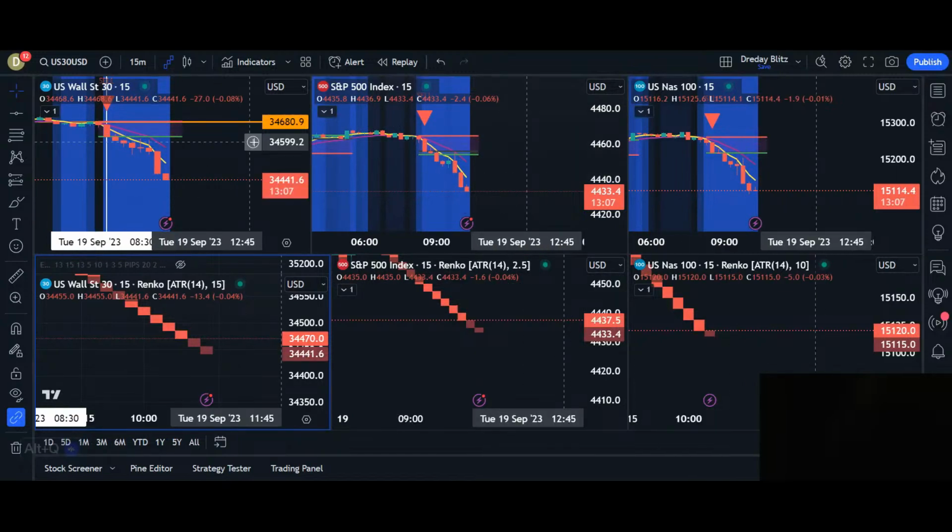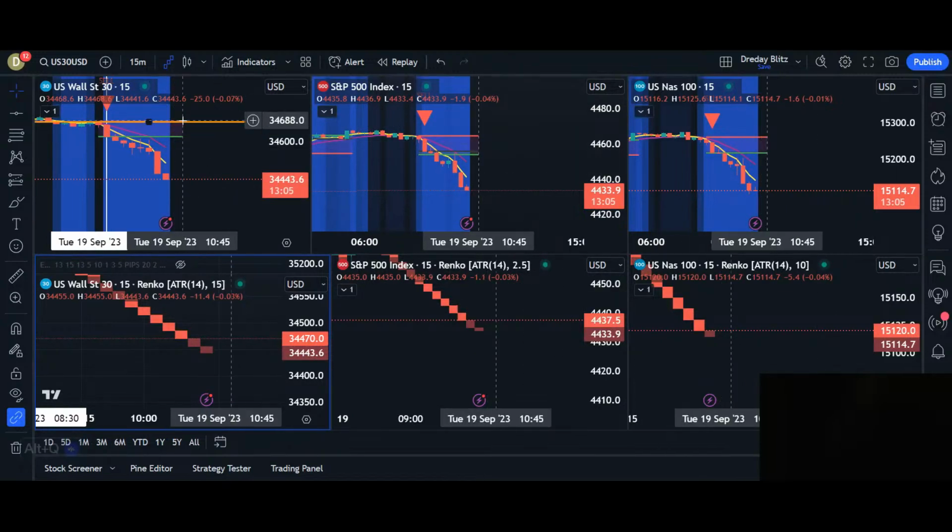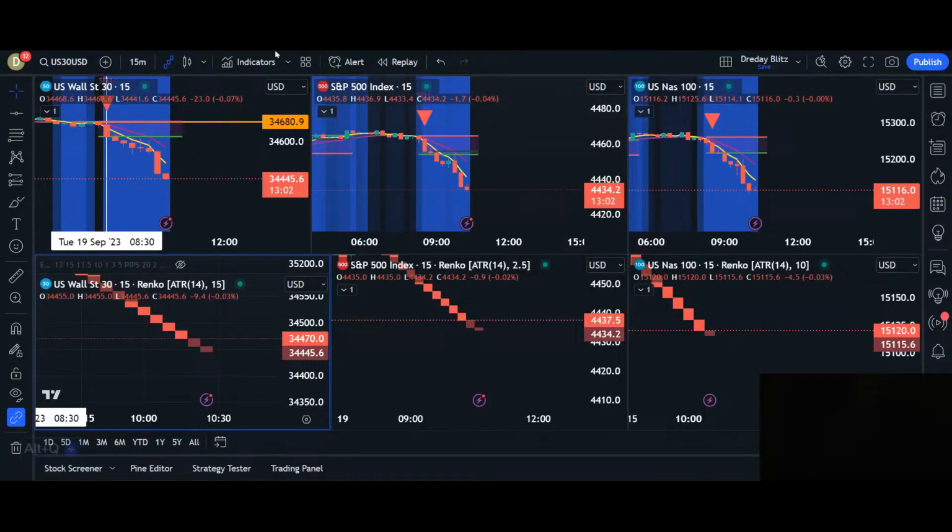So next candle here, 10:16, still bearish here.